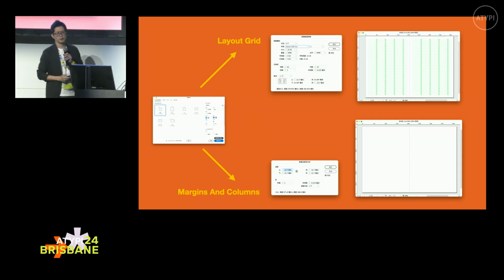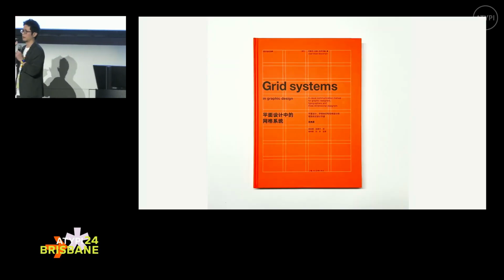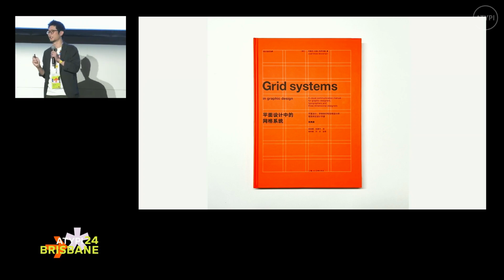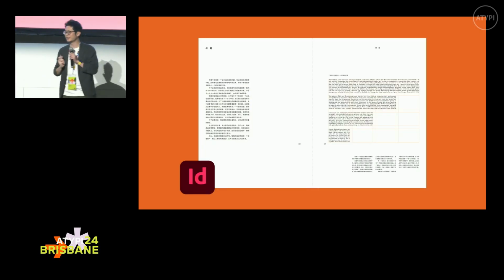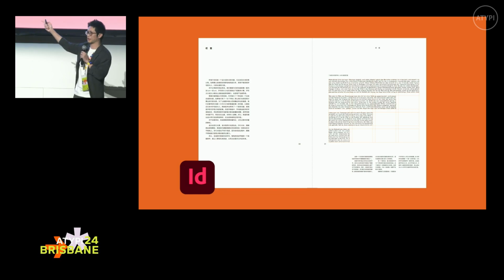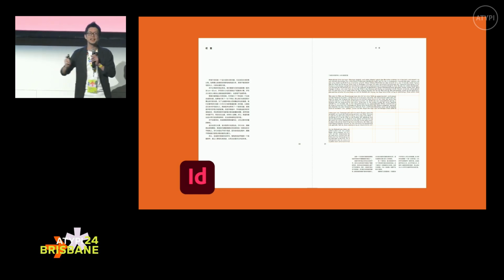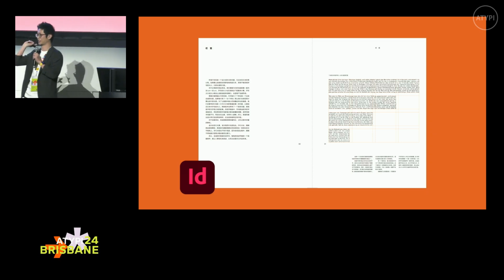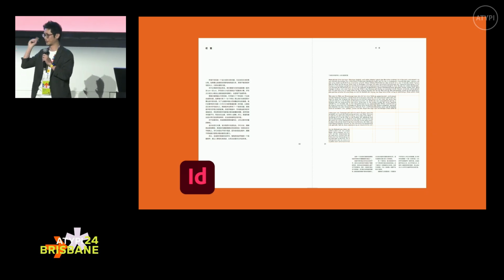So I am lucky that InDesign is a good tool, and you can see we have different systems here. So what have I done for the Simplified Chinese one? Here is the result. I cannot make the grid system on my own because it's Brockmann's grid.